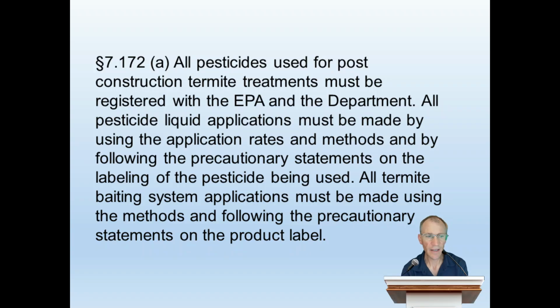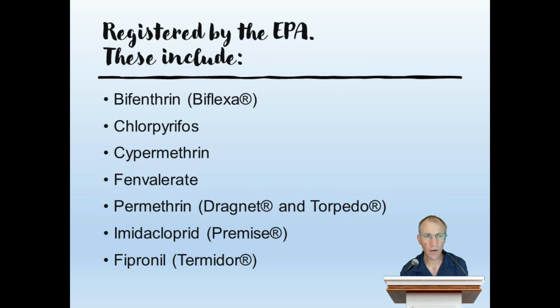All termite baiting system applications must be made using the methods and following the precautionary statements on the product label. Registered by the EPA, these include bifenthrin, chlorpyrifos, cypermethrin, fenvalerate, permethrin, imidacloprid, and fipronil.